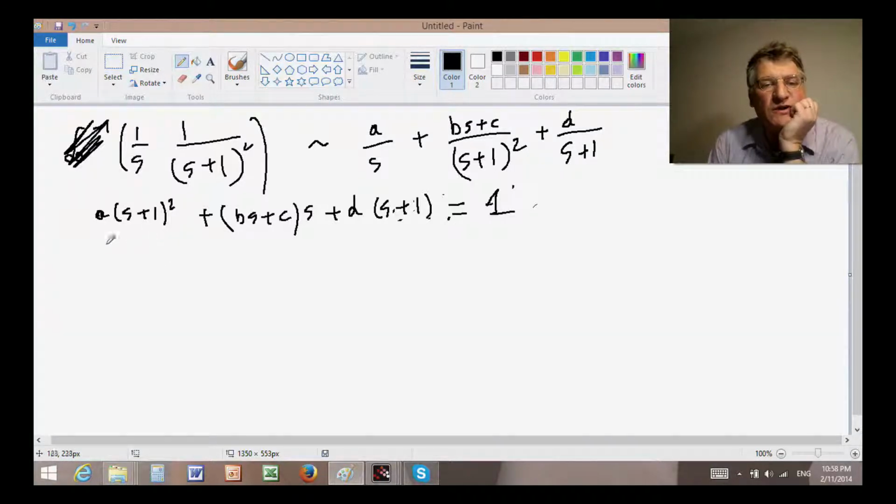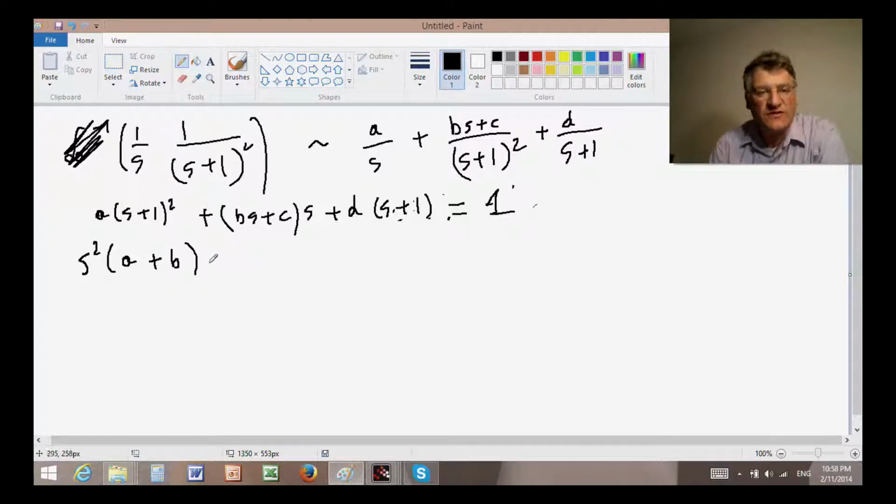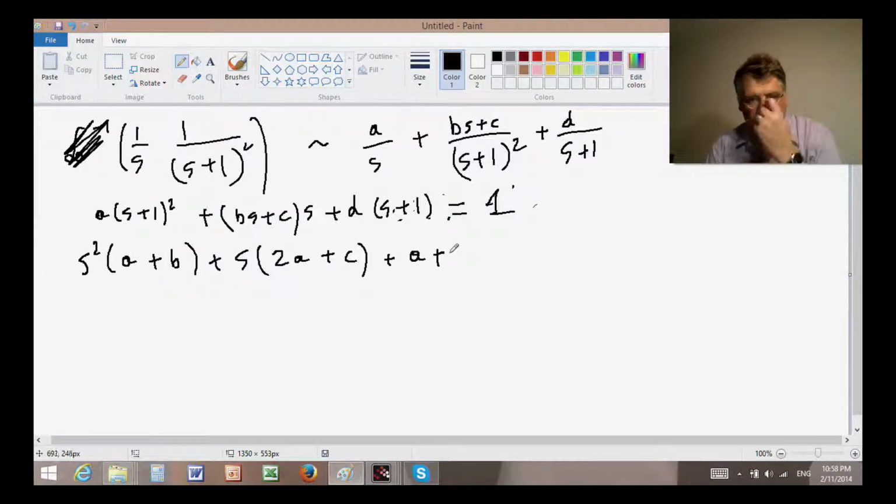So now we equate terms. We see that the s squared term looks like a plus b. Okay, the s terms look like 2a plus c, and then the constant term looks like a plus d.